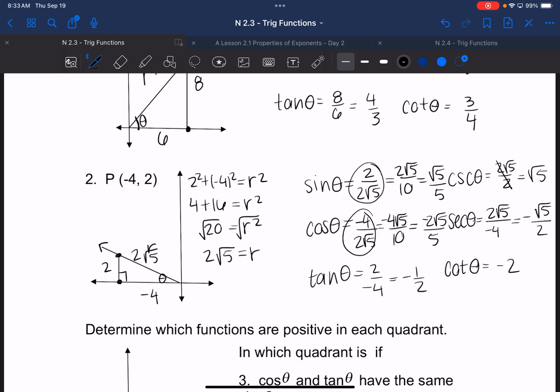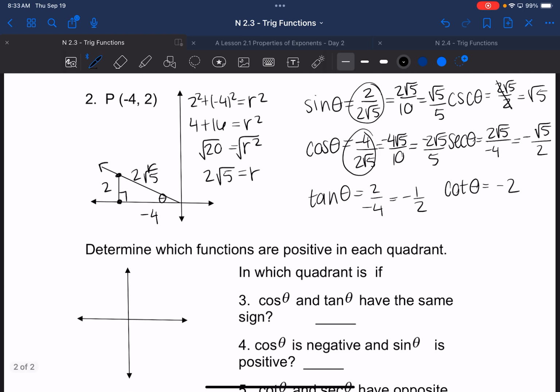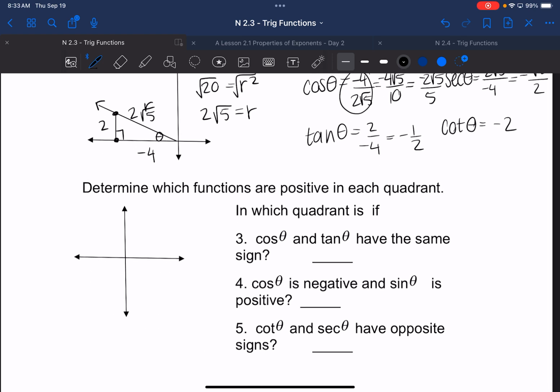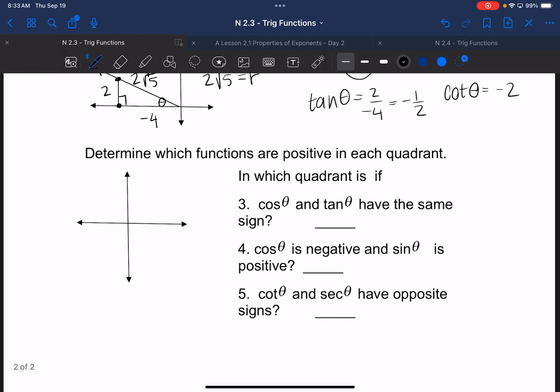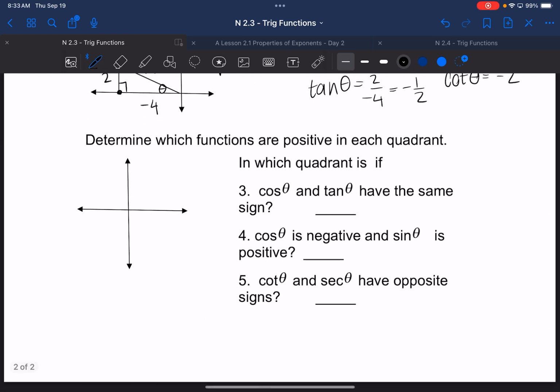All right, so let's look at this last question here. It says determine which functions are positive in each quadrant. So before we answer 3, 4, and 5, let's take a look at our coordinate grid over here. Well, if I were to draw a right triangle here, we already talked about how this part is x, right? And this part is y.